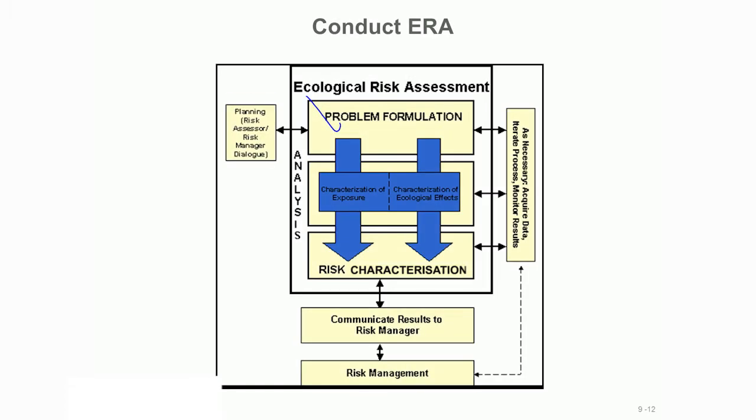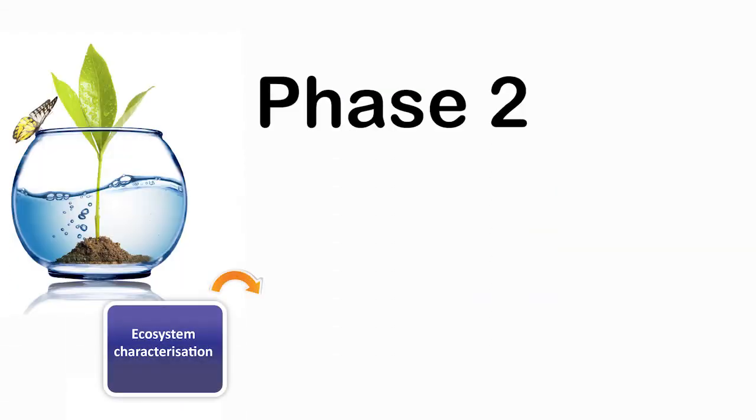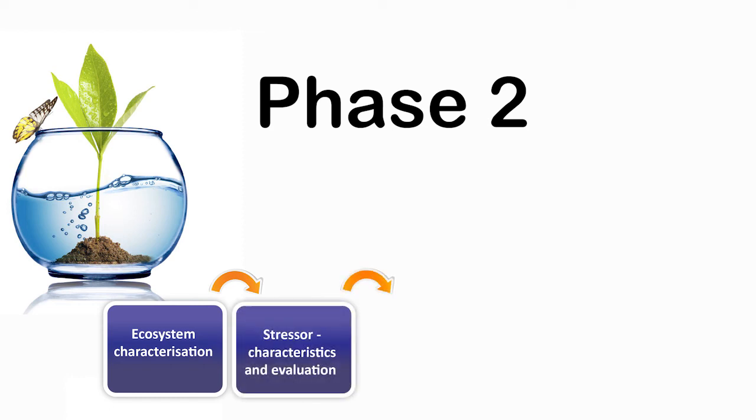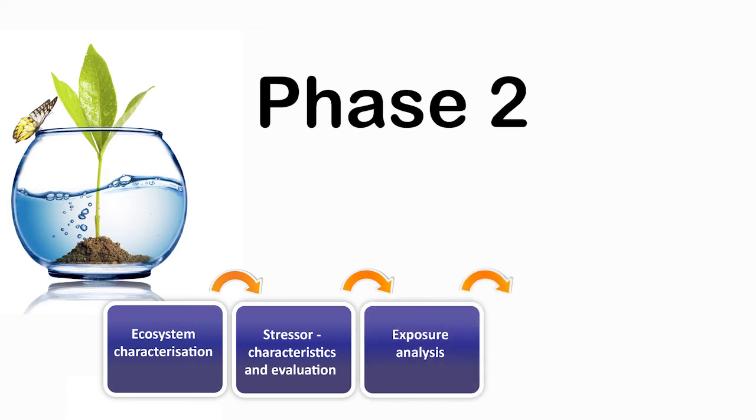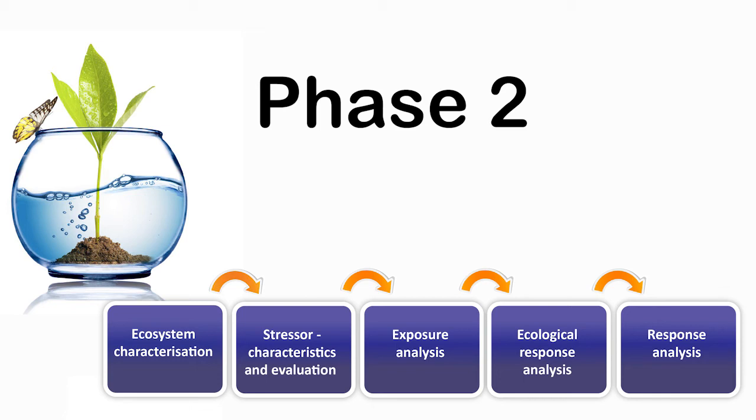Phase 2 is the analysis phase, which includes the following: analysis of ecosystem characterization, stressor characteristics and evaluation of relevant effects, exposure analysis, ecological response analysis, and stressor response analysis.